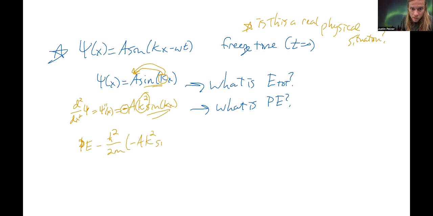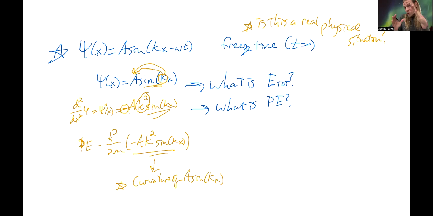So if that didn't make sense, just trust, okay, this is the curvature of a sine of kx. It just is.